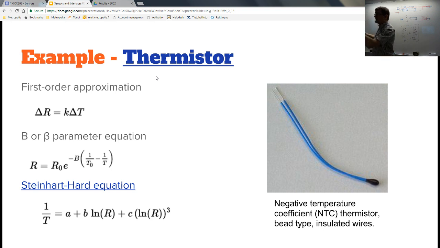Anyways, the first order approximation means that when you go into a very short region here, the difference between exponential and linear becomes negligible. But if you are measuring a wider range of temperatures, then you basically need to use the so-called Steinhart equation, which is one of the inverse solutions of that exponential form.